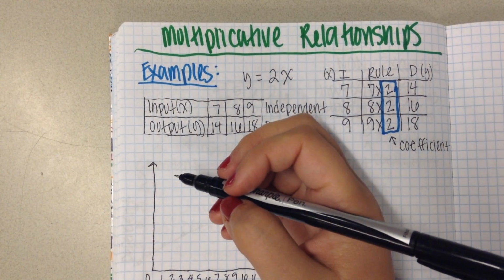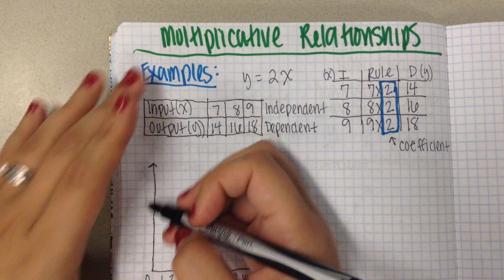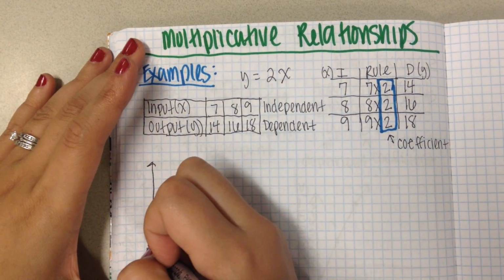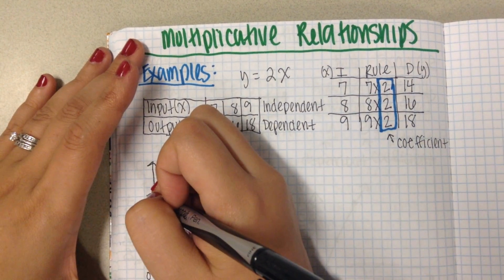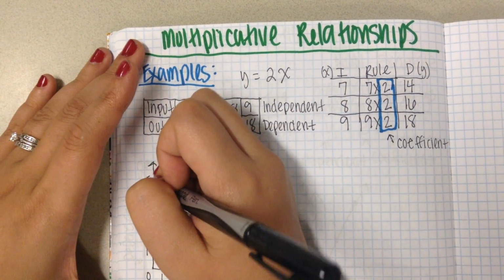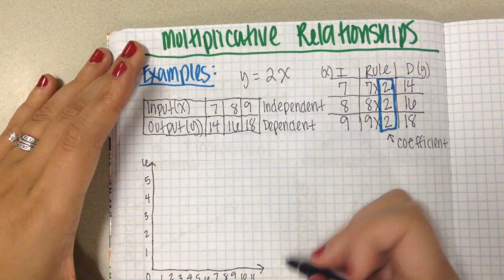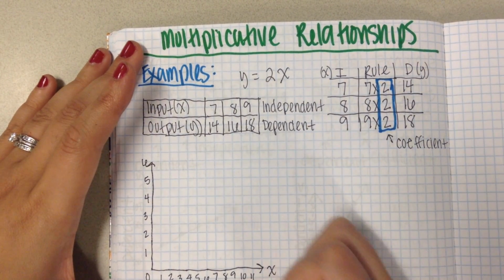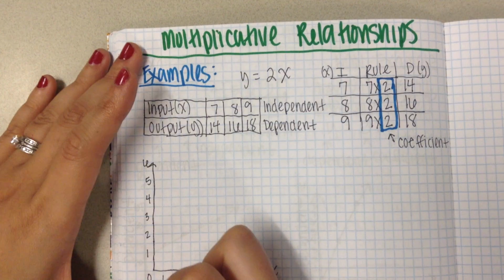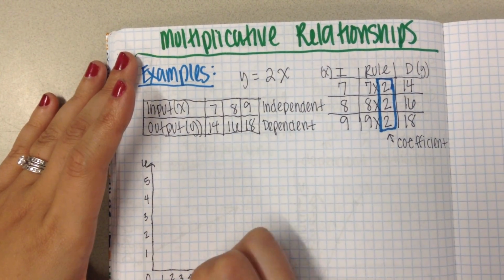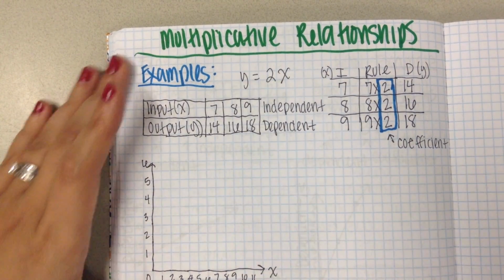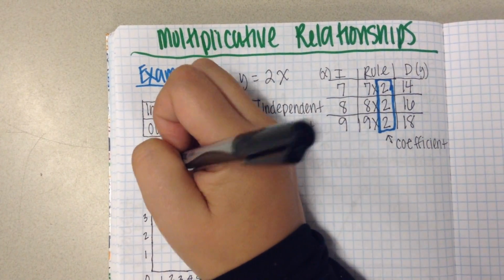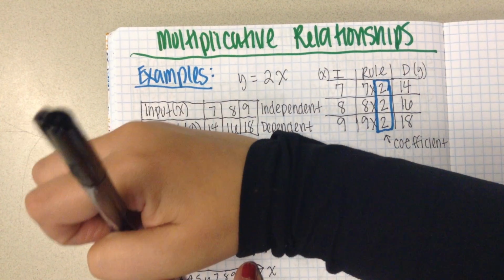And then over here, I'm going to be going by ones as well. So this is x, your independent, and this is y, your dependent.